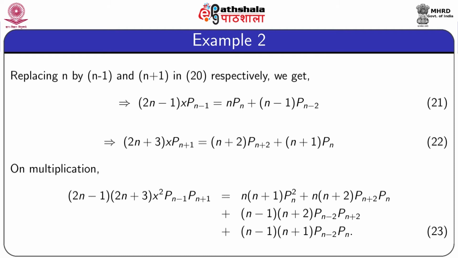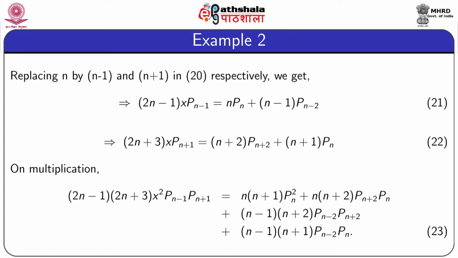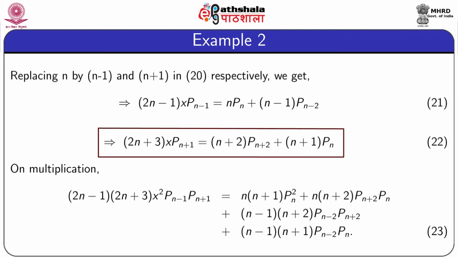And if you do that, we get (2n-1) x P_(n-1) equal to n P_n plus (n-1) P_(n-2) given by equation 21, and (2n+3) x P_(n+1) is equal to (n+2) P_(n+2) plus (n+1) P_n, which is equation number 22.